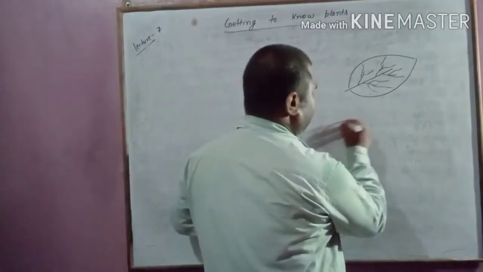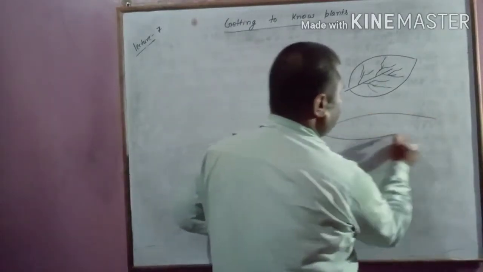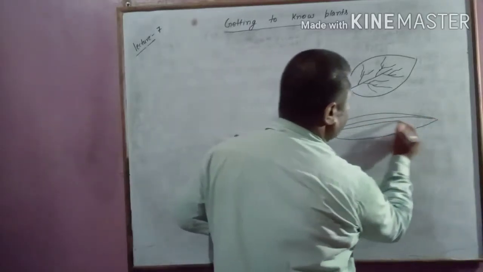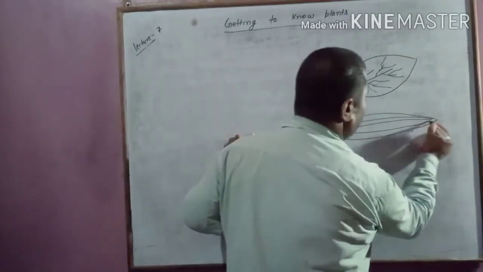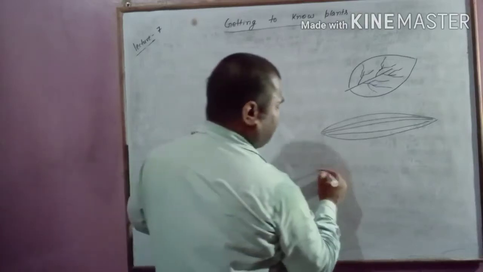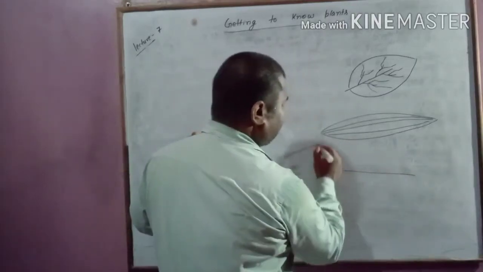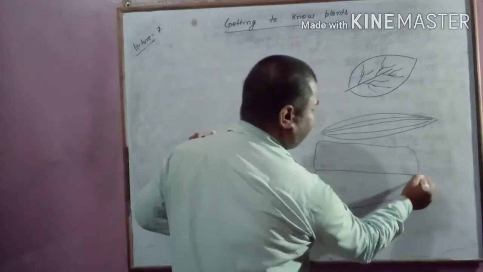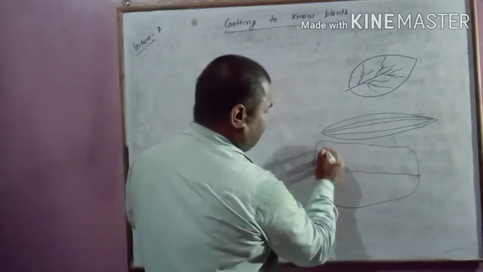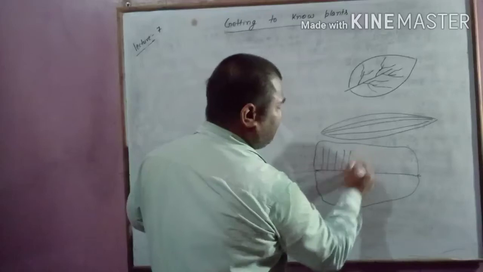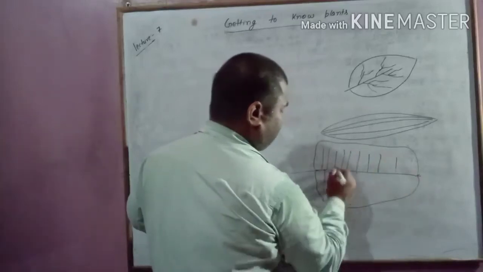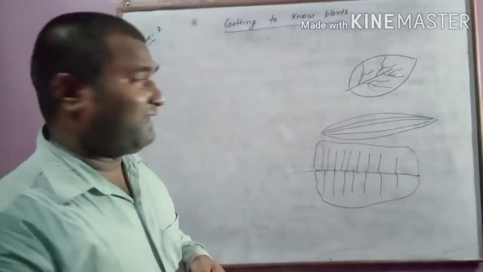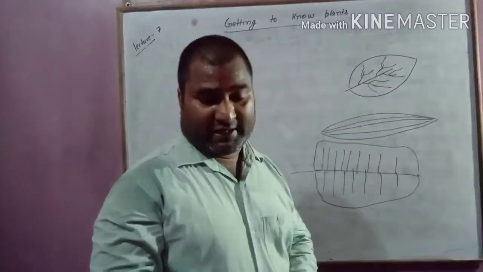And if the leaf has veins parallel to each other, such veins are called parallel veins. It can also be seen in banana leaves, where the veins are like this. So these are examples of parallel veins and these are called reticulate veins.